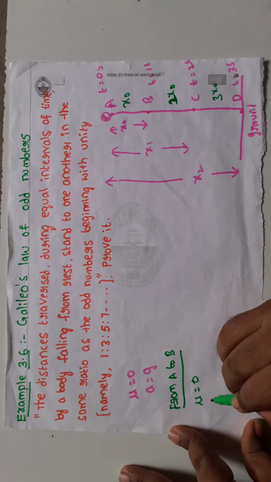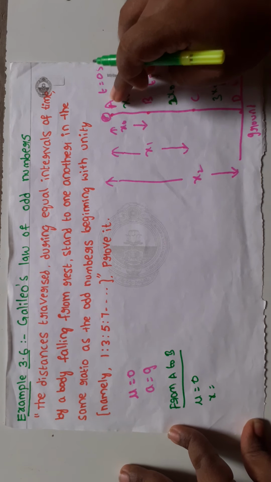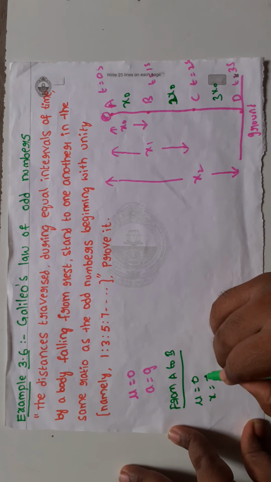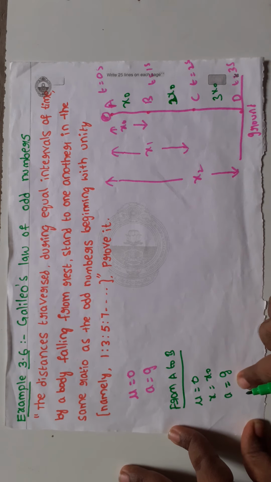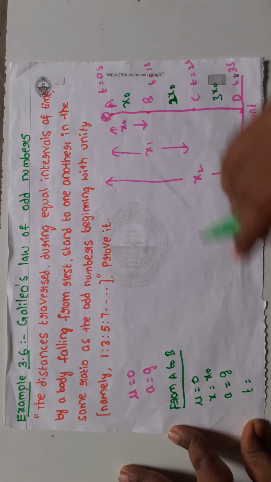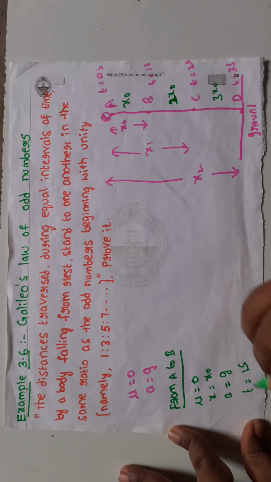Next, the displacement from A to B is x naught. Next, acceleration due to gravity always acts towards the ground, so a equal to g. Time is 1 second. A to B is 1 second.